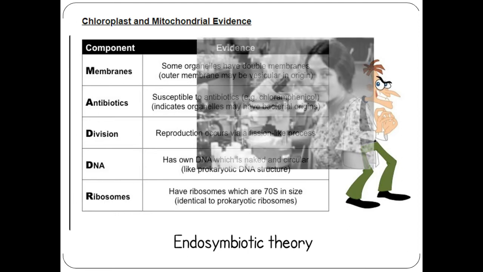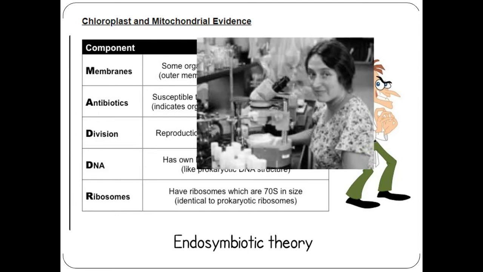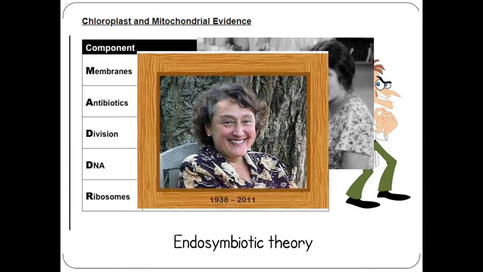But where did all of this come from? It came from a scientist called Lynn Margulis. So Margulis developed this in 1973, and from that, she was awarded the Presidential Award. However, she did pass away in 2011, and so another great woman scientist has passed. But she did leave us with the endosymbiotic theory.